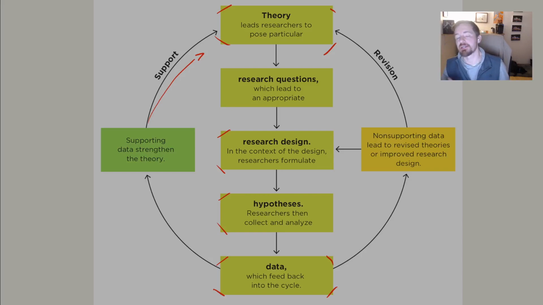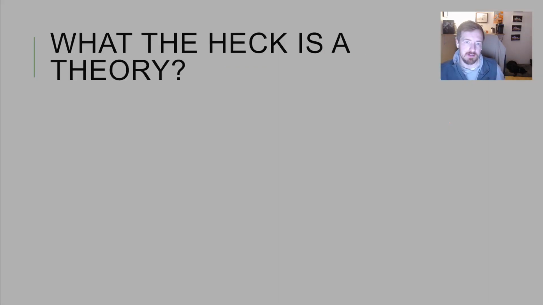Again, no big deal, happens all the time. The reason I mention that is because a lot of students, when they get to this point with their data, if they find that it doesn't support what they suspected, get really bummed out because it feels like they have to start back at the drawing board. But there's a lot of value that comes in finding non-supporting data, which we'll be talking about later this semester.